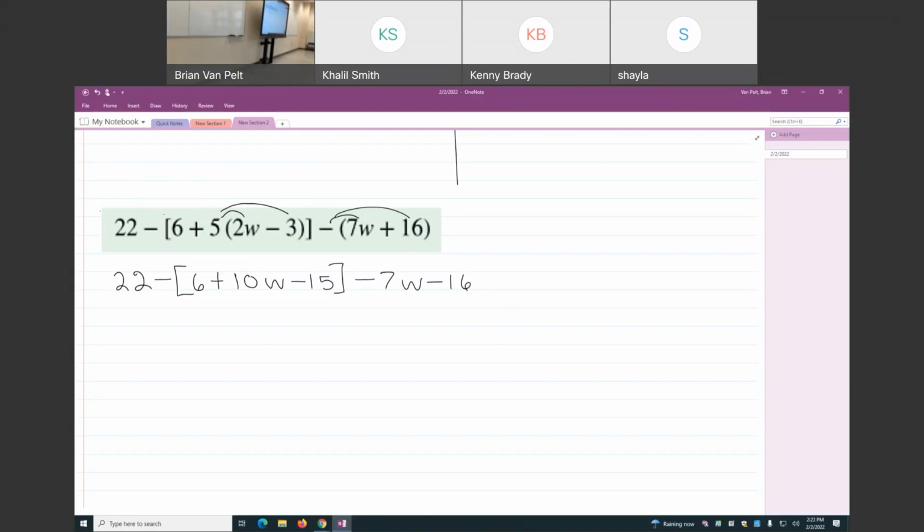All right, what would come next? There's more than one thing you could do next, but what I would do is start working inside of these brackets and simplify it. So inside of the brackets, I can combine the 6 and the -15 and get -9 plus 10W. I'll pause there.